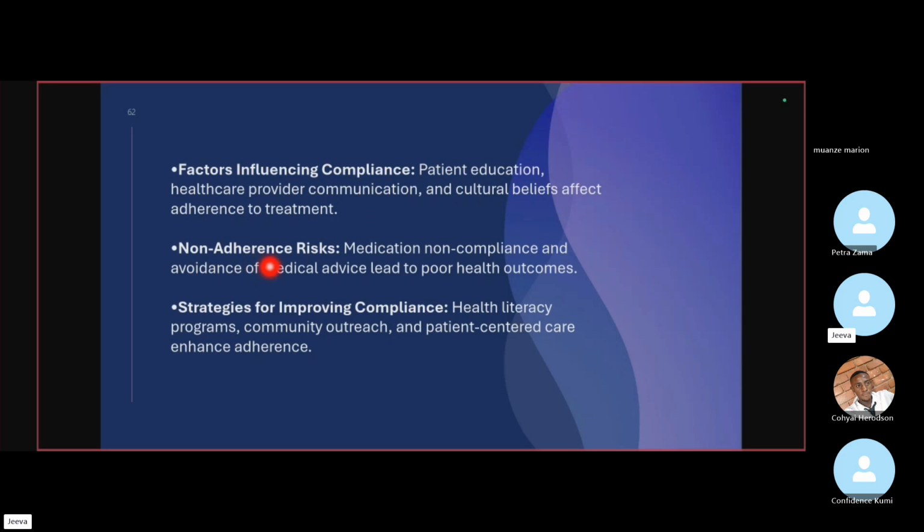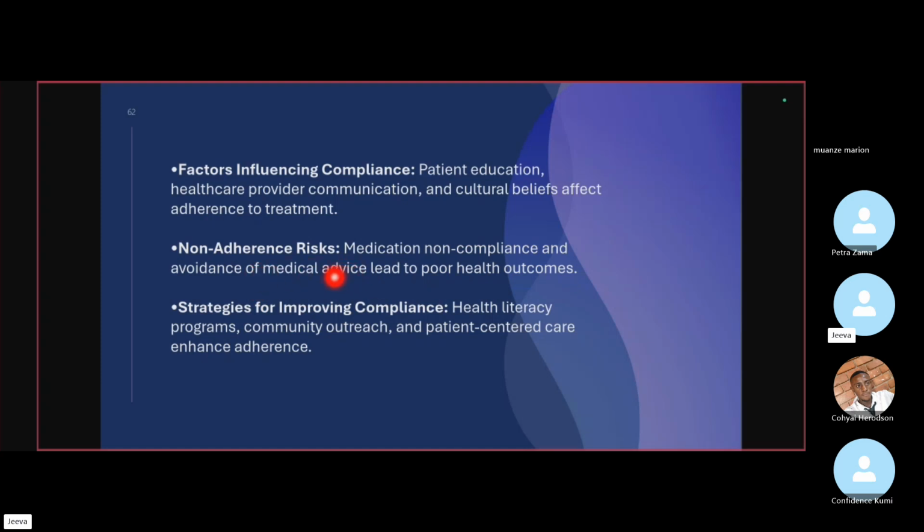Next one, non-adherence risk. Medication non-compliance and avoidance of medical advice can lead to poor health outcomes. Some people will not trust the medical profession and they don't accept the medical treatments or advice.